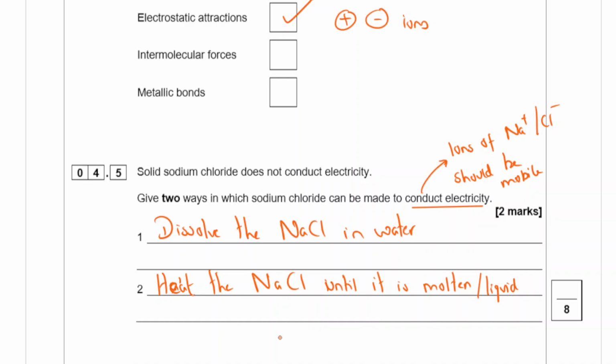You heat sodium chloride, and the temperature is about 1500 degrees Celsius. It's really high, and at that temperature the sodium chloride will turn to liquid.